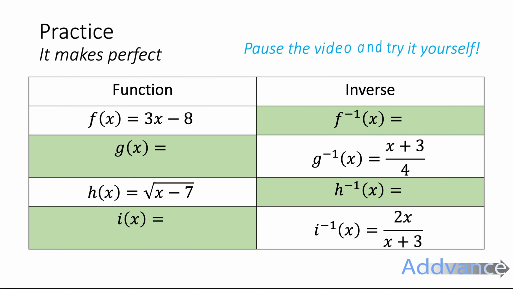So you're trying to fill in this table with the missing green functions, just by finding the inverse of the functions on the screen. Okay, so pause the video and try this yourself. I'm going to reveal the answers in 3, 2, 1.